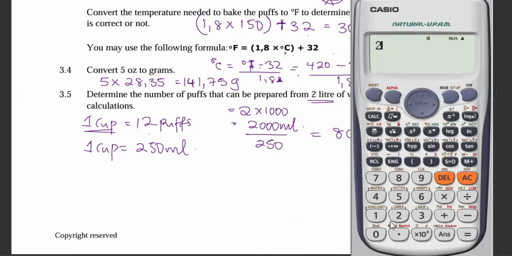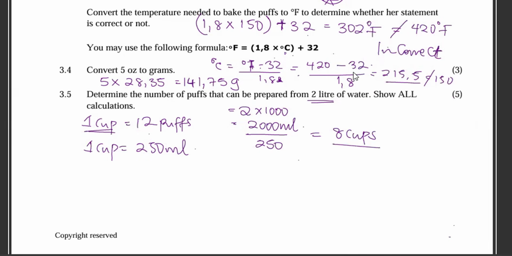It's 2,000 divided by 250, 8 cups. So now, if 1 cup produces 12, what will the 8 cups produce? That's our question.